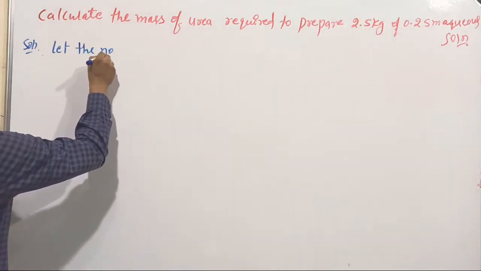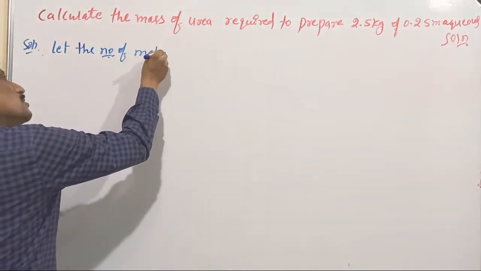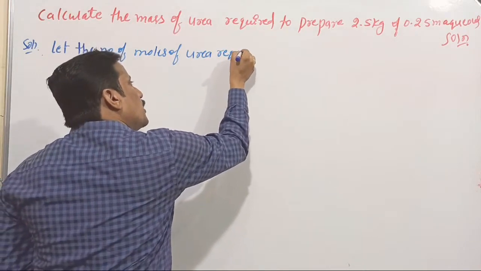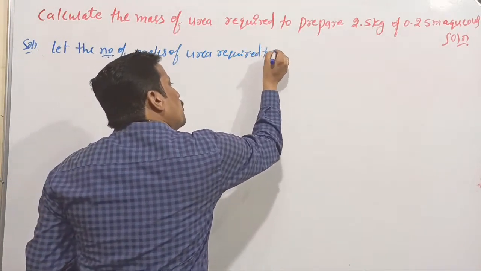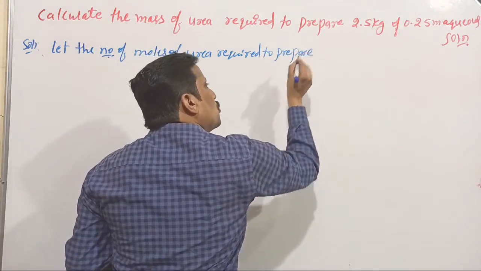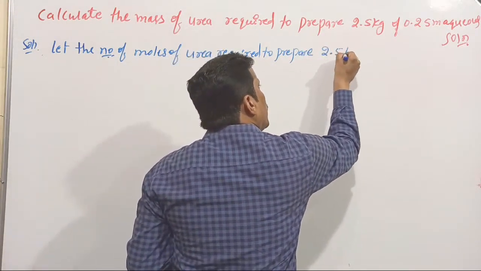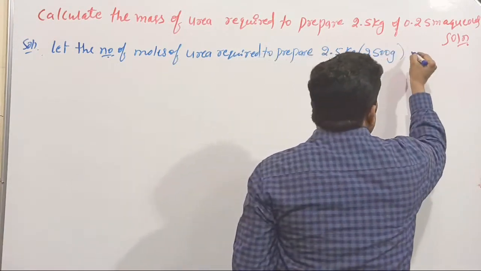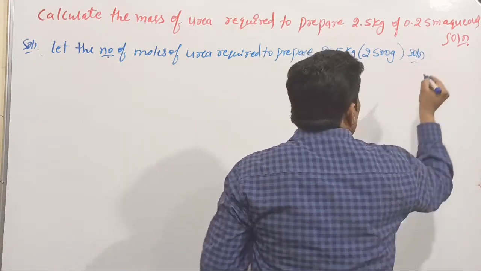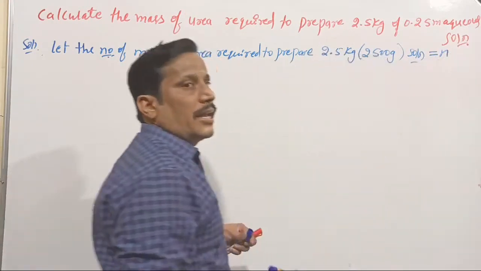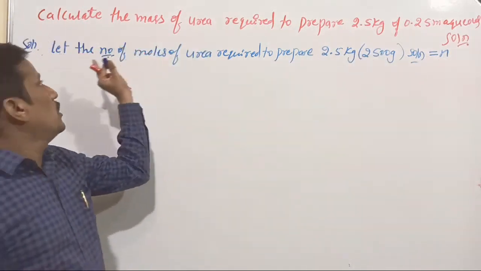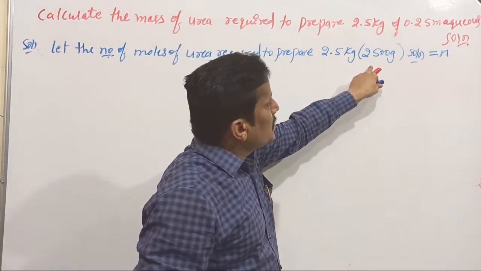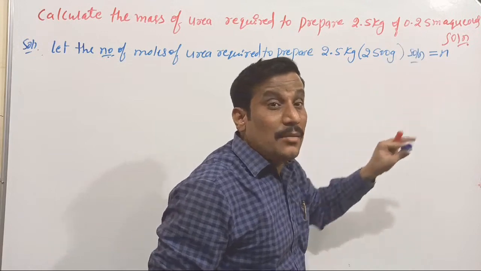Let the number of moles of urea required to prepare 2.5 kg, or you can say 2500 grams of solution, be n mole.